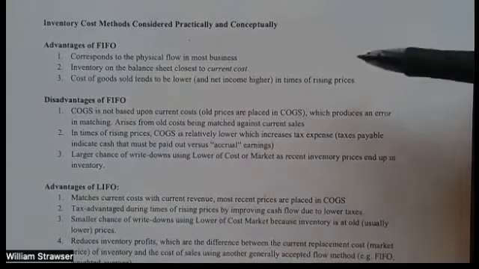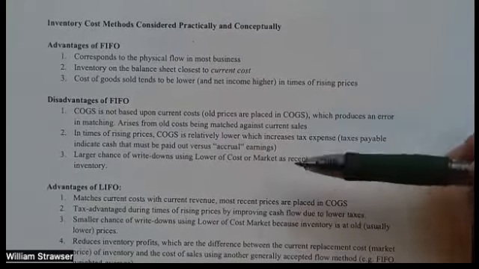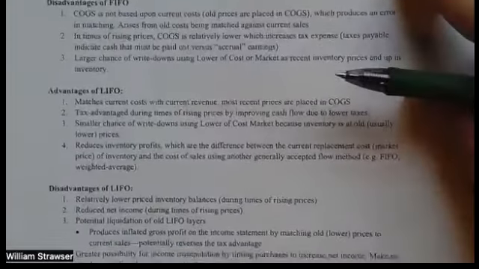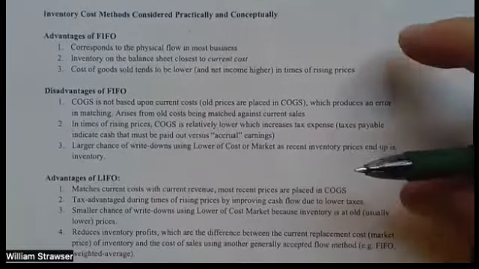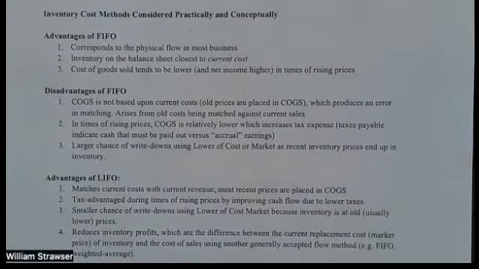So for the advantages and disadvantages, I'm mostly going to talk about LIFO and FIFO because they are the extremes, right? With FIFO, we're selling all the stuff we bought a long time ago first. Always our beginning inventory is sold through first, and then we're going to sell our more recent things after that.